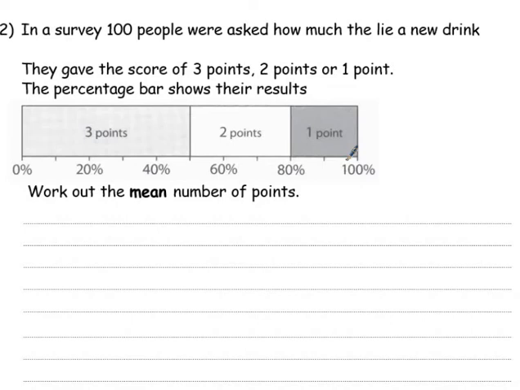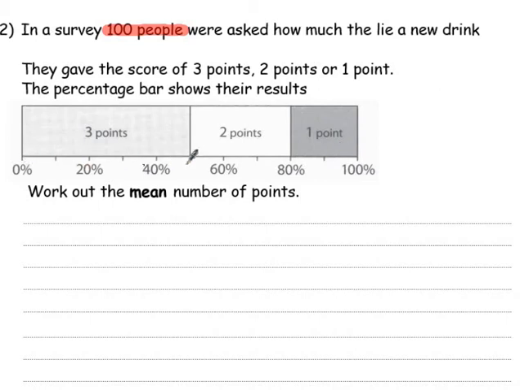Now first of all, it's a good idea to highlight some important points. So we can see here that 100 people were asked. So that is what we will be dividing by at the end. To get there, we need to understand what this percentage bar is actually showing us.